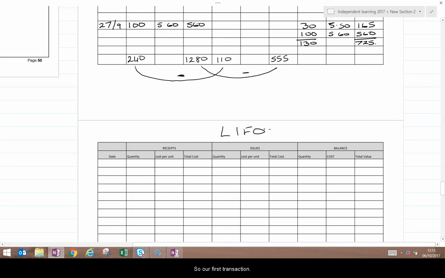So our first transaction again is on the 1st of September. We had received 100 units, £5 each, £500. So putting that into our balance column, we have 100 units, £5 each, £500.